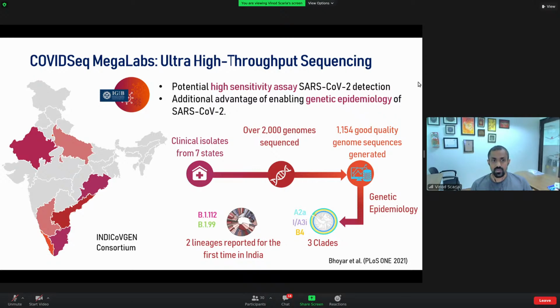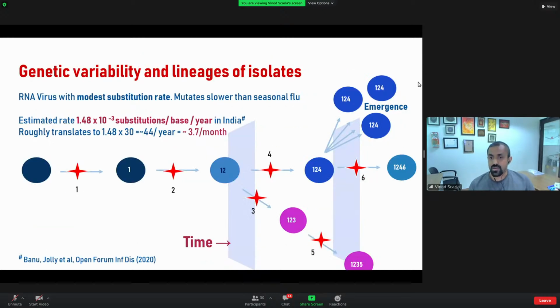And of course, there's a lot that we did and a lot that we could discover in terms of new lineages, etc. But what's more important in terms of conceptual understanding is that when we do genomes over time, or genomes spanning multiple time points, what we're trying to understand is essentially genetic mutations. Now, genetic mutations in SARS-CoV-2 occur at a very constant rate, and I'm sure Chitra did mention it quite elaborately.